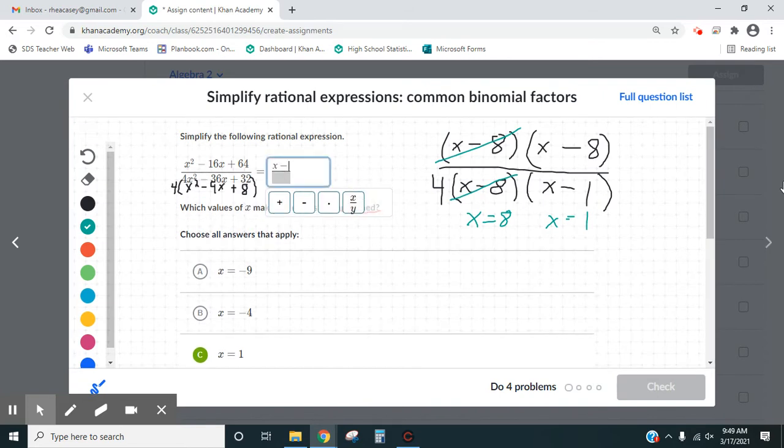We have x minus 8 left over on the top. On the bottom, oh no, nope. On the bottom we have 4 times x minus 1. Like that. Okay? Just like that.